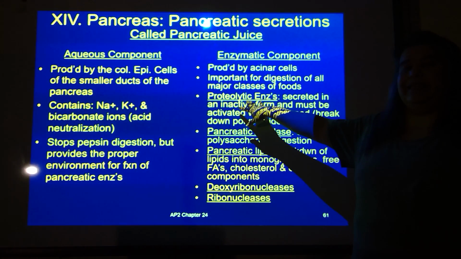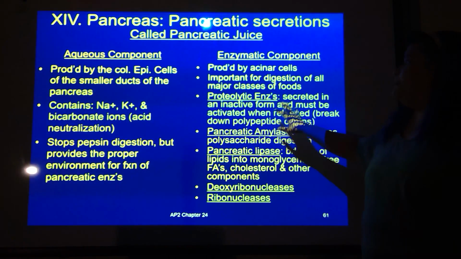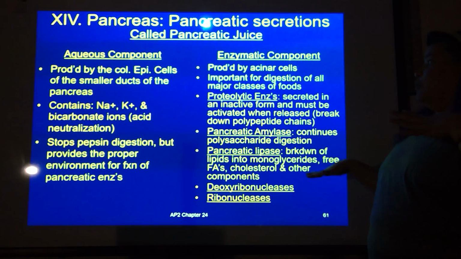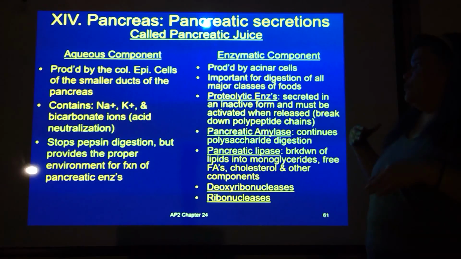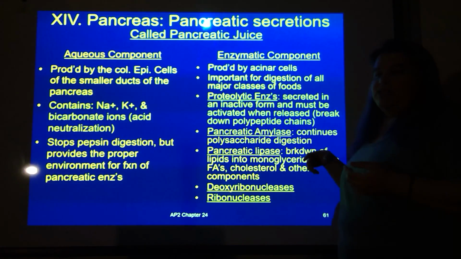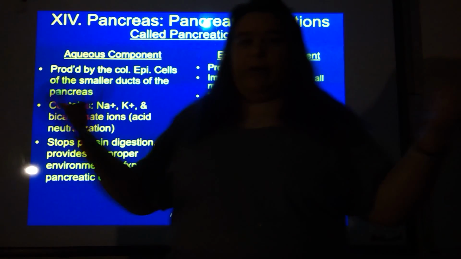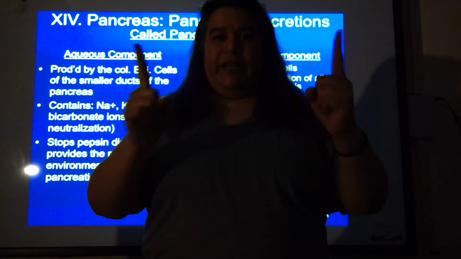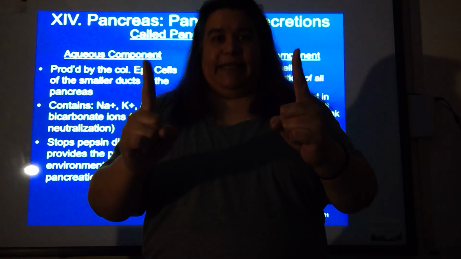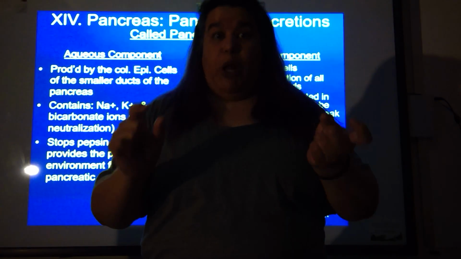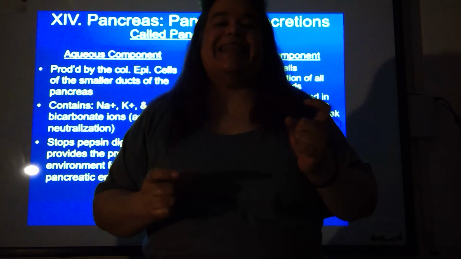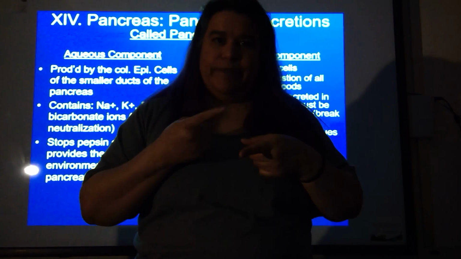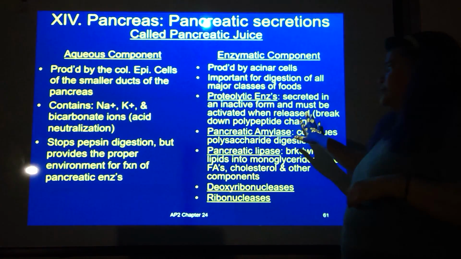Proteo, protein, lytic, lysis, to break. It's secreted in an inactive form and must be activated when released to break down peptide chains. So remember we talked about unwinding the sweater and then taking scissors. This is another set of scissors. If we've got lengths this big, this is cutting it into even smaller lengths, lengths of amino acids.